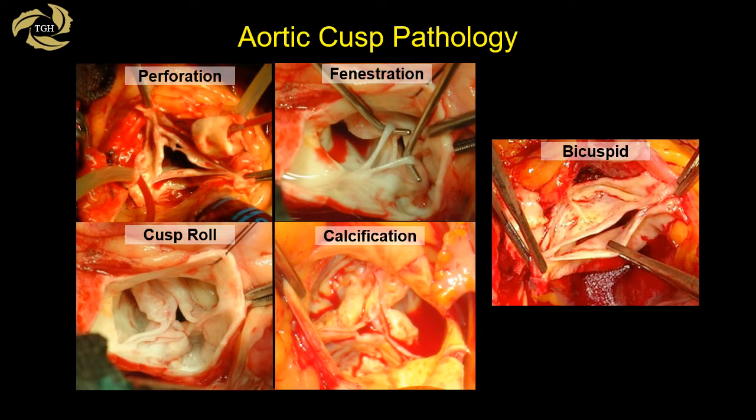In many cases, despite good TEE imaging, the final decision to perform a valve-sparing root procedure relies on the quality of the cusps. As shown here, poor quality cusps are those that have perforations, fenestrations, rolled up cusp edges, or calcification.